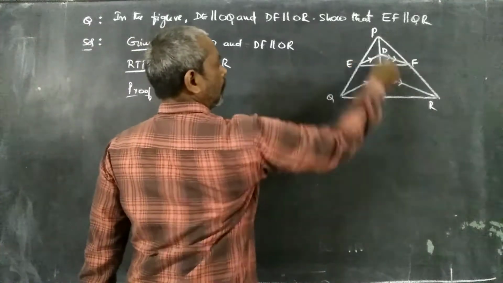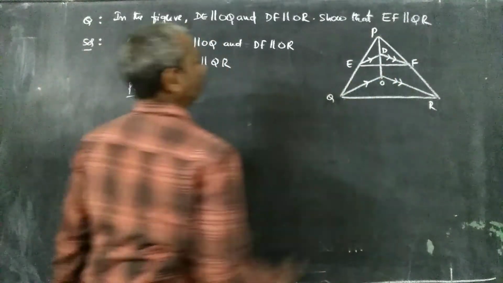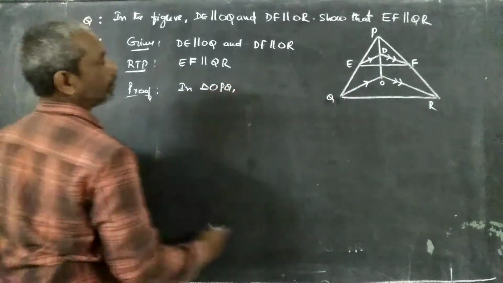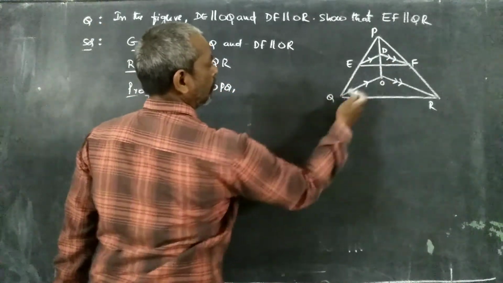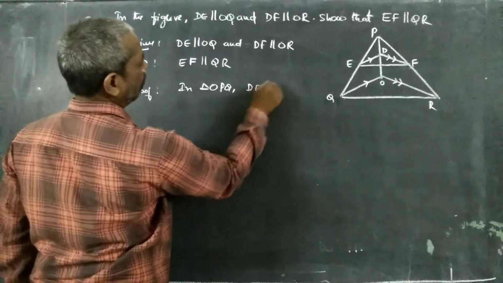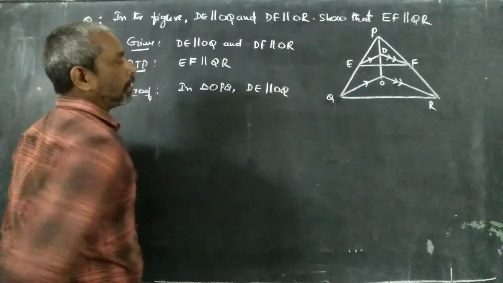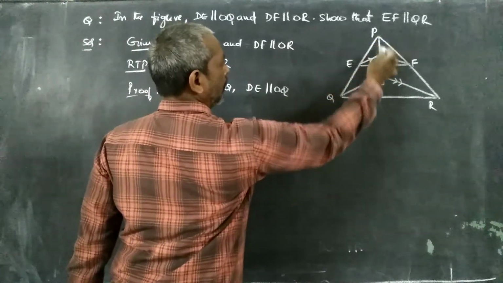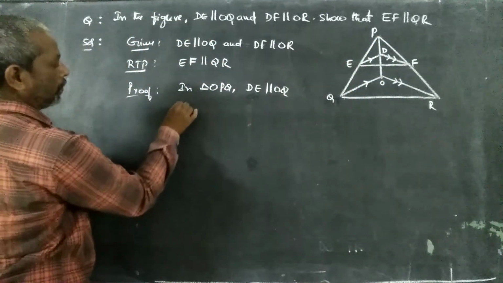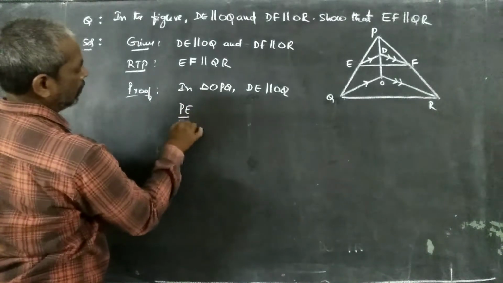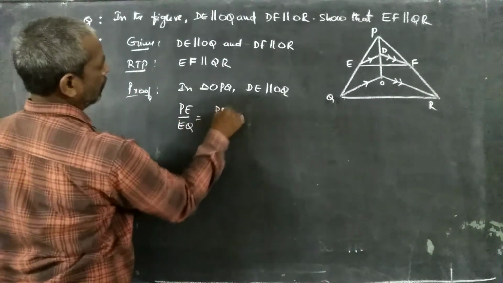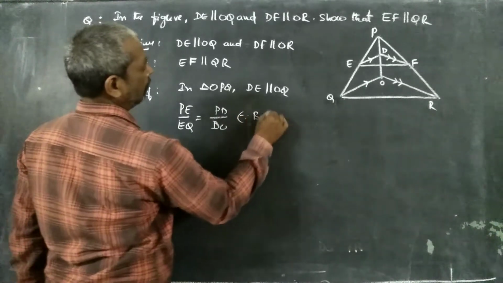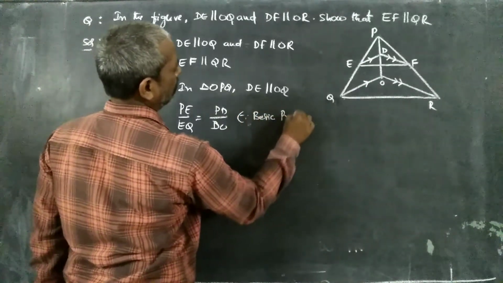Now, in triangle OPQ, DE is parallel to OQ. Therefore, PE by EQ is equal to PD by DO, since basic proportionality theorem.